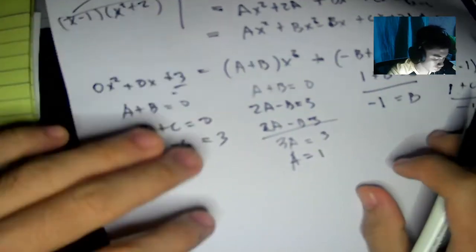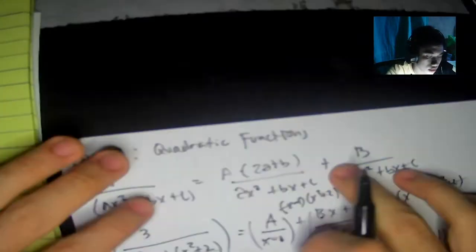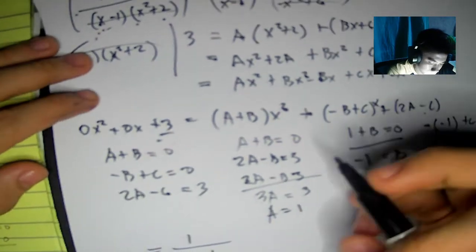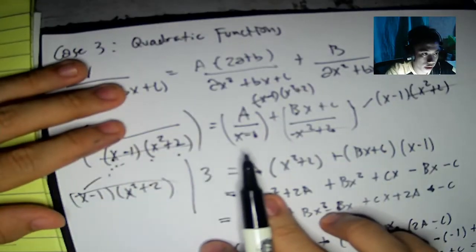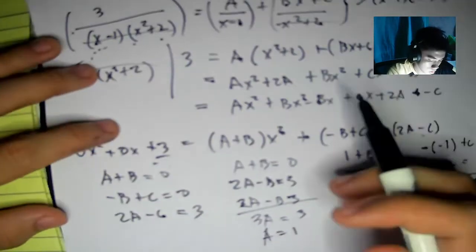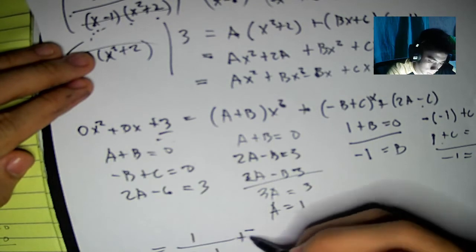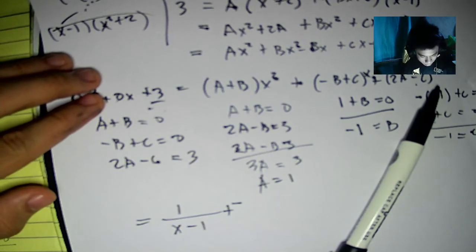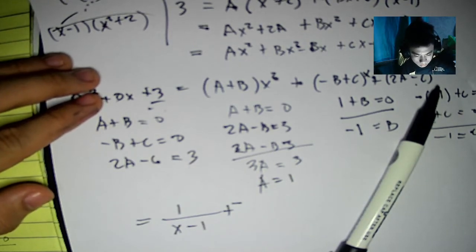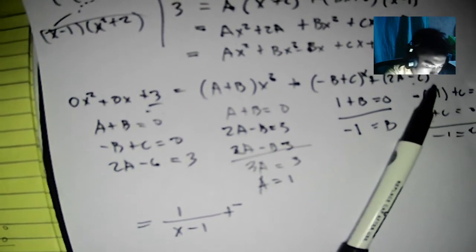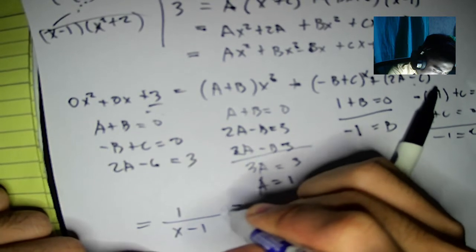So we'll have the terms here. Let's just substitute it here. So what can I do? It's equal to 1 over x plus 1. So here we have x plus 1. So what is our b? b is negative 1, or, let's just take away this plus sign here because it's unnecessary.